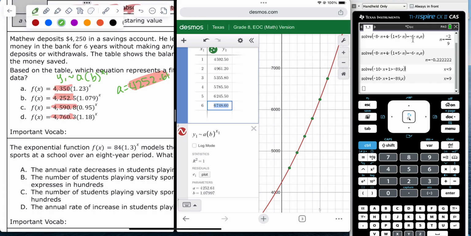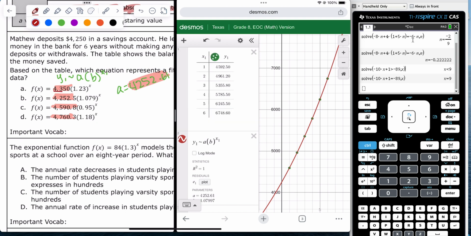Okay, so 4,350 is kind of close to 4,252, so maybe that's my answer. 4,252 is definitely super close. So maybe 4,500, not too close, and then 4,700, not too close. So I'm between A and B.